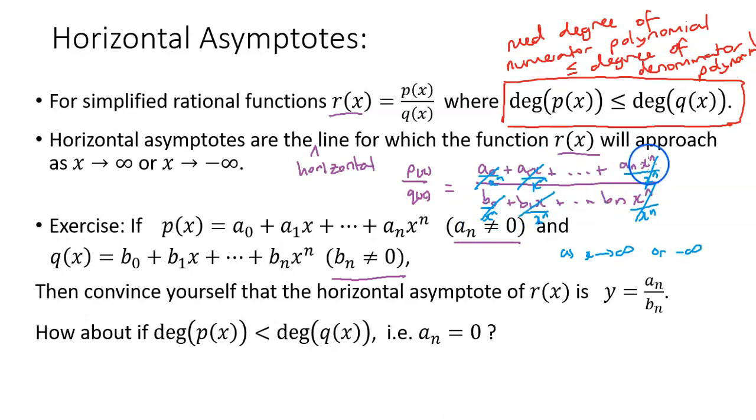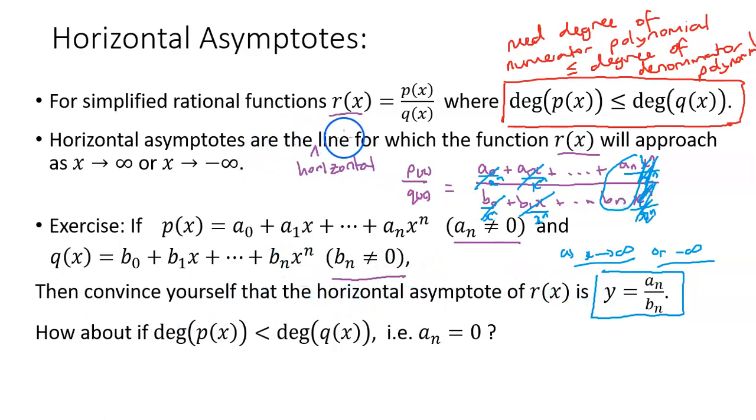And so we're just left with an divided by bn. And so therefore, as x tends to infinity or negative infinity, this is the value that the function gets closer and closer towards, and hence it is the horizontal asymptote of the function.